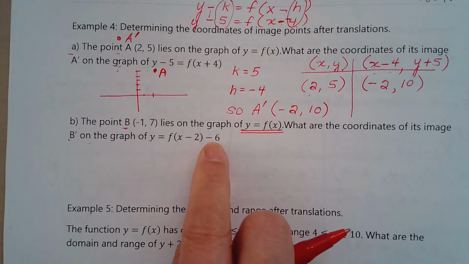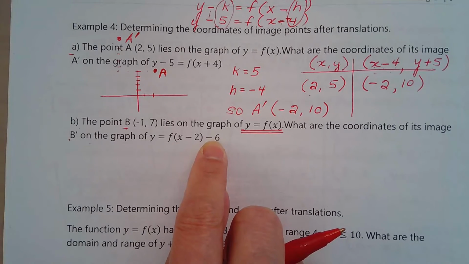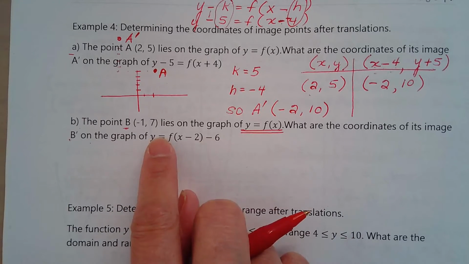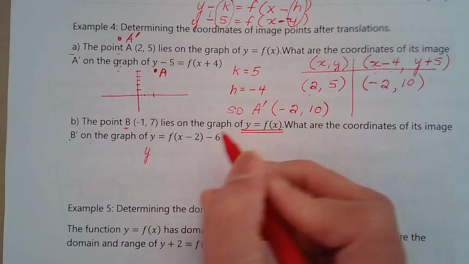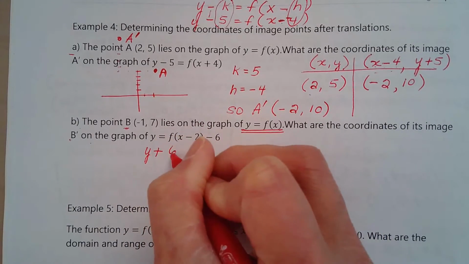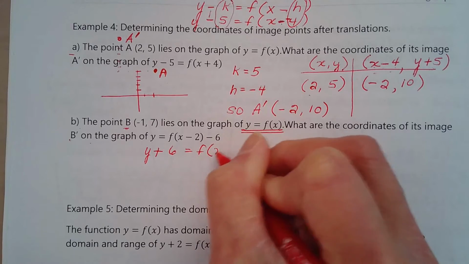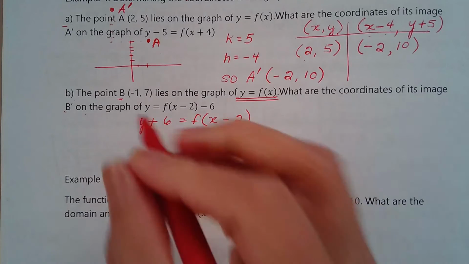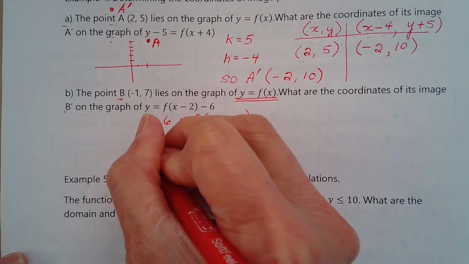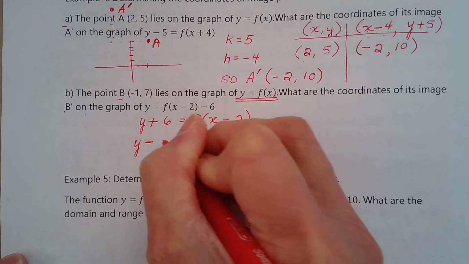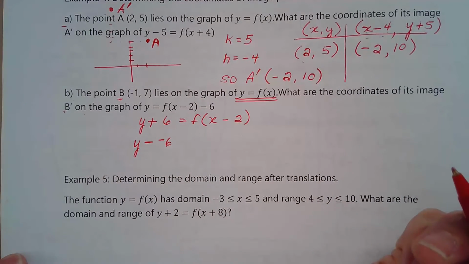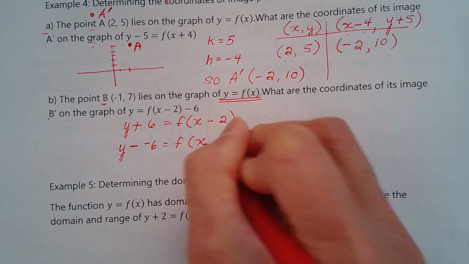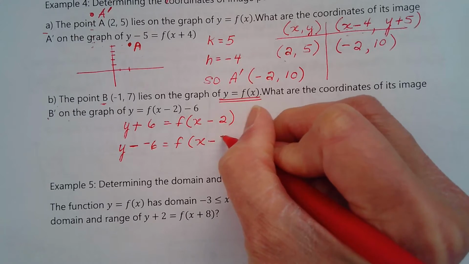If this negative 6 was transferred to the other side so that the y is isolated, we can say y, bring this over there, it's plus 6, equals f of x minus 2. I see that this is a plus 6, so what I can do now is go like this, y minus negative 6. Okay, so it's clear what our k value is. f of x minus, what's our h? Positive 2.